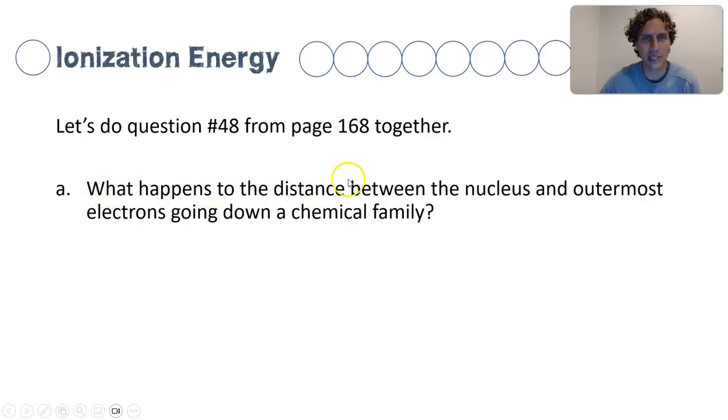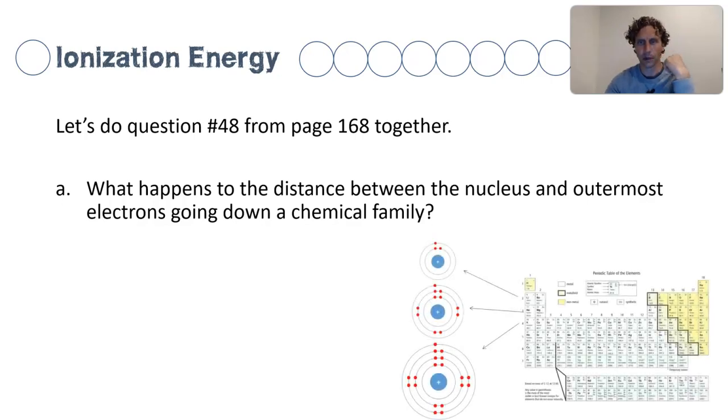48a, what happens to the distance between the nucleus and the outermost electrons when you go down a chemical family? Well, here's lithium. Think of the Bohr model diagram for lithium. It's going to look like that. Bohr model diagram for sodium looks like that. 2, 8, 1.